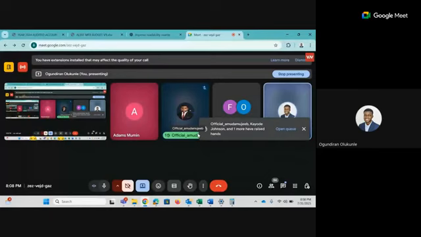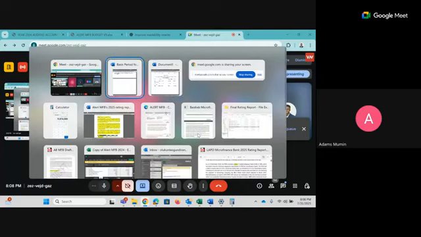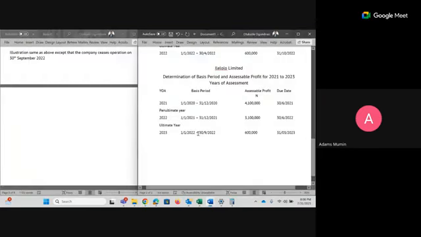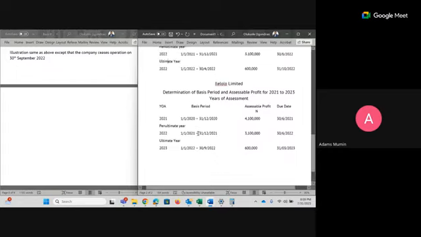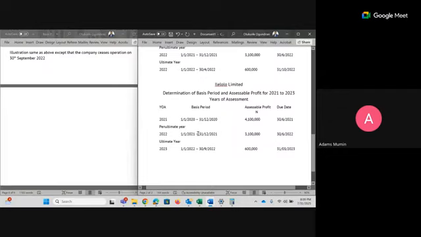Yes, Adams. Hello, can I give my own understanding? Yes, please go ahead. I think the reason we have the 2022 tax year is that 2021 transactions will be taxed in 2022. And it is the same 2022 that the company ceases operation. So you also file for the tax year for the period that the company ceases operation in 2022.